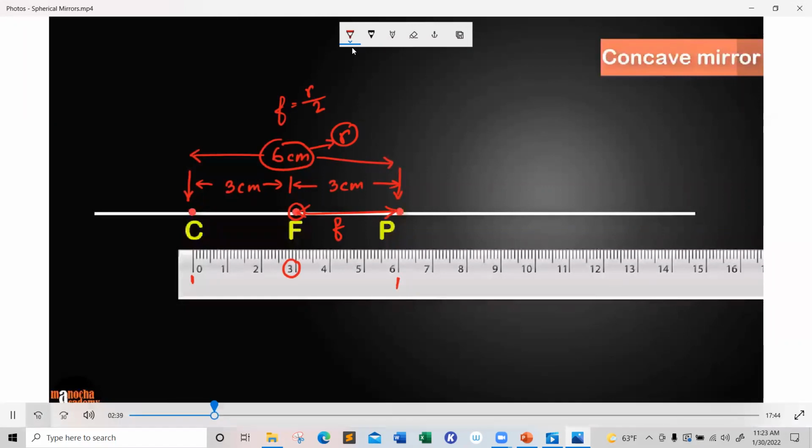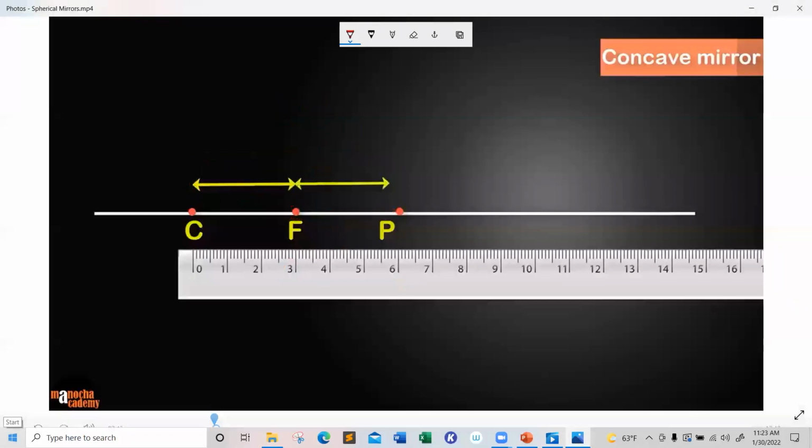In the middle, such that CF equals FP. C is the center of curvature, F is the focus, and P is the pole of the mirror.